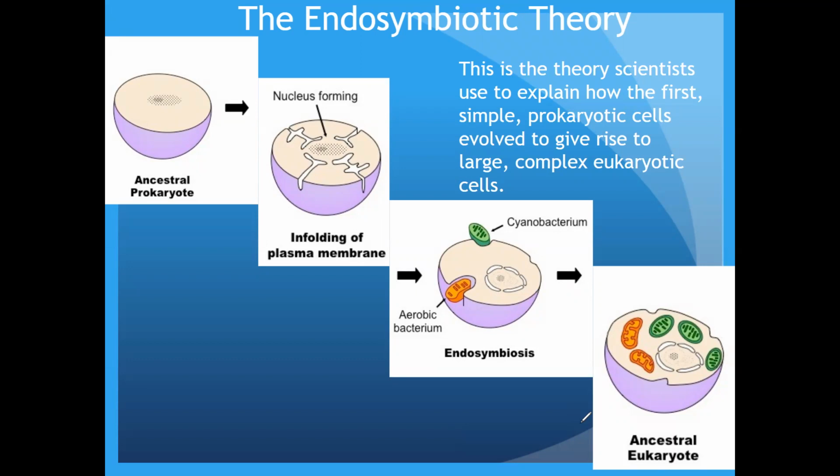So we know that the first cells on Earth were theorized to be prokaryotic cells. So here were our first prokaryotic cells, or here was the theory. Over time, the plasma membrane, the cell membrane that the prokaryotic cell already had, started to randomly fold inside or fold into itself. So over time, it started to fold into itself and create like a little pocket.